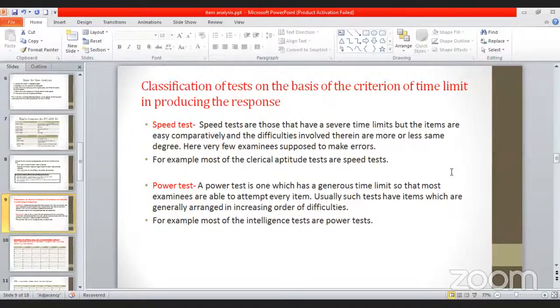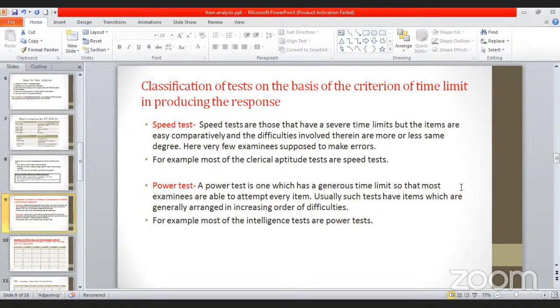Hello? Can you explain power test with another example? I'm not able to exactly understand. Actually, a power test is a test which doesn't emphasize the time limit. It only emphasizes the individual's capacity to answer the items. For example, most of the intelligence tests are power tests.